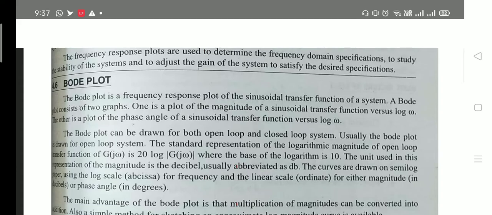Either you can take different graph sheets also, but one graph sheet will be clear. So I can represent both magnitude and phase in a single graph sheet.